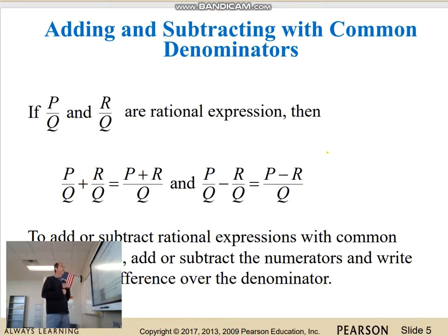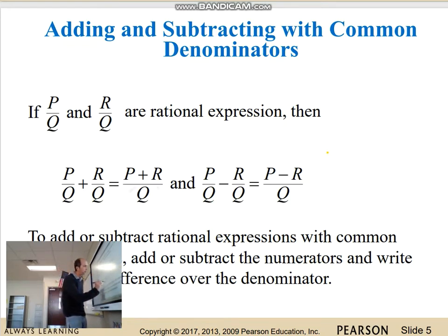So to add and subtract rational expressions with a common denominator, let's say you have polynomials p, q, and r. If you have the rational expression p over q, and you want to add the rational expression r over q, what are you going to do?